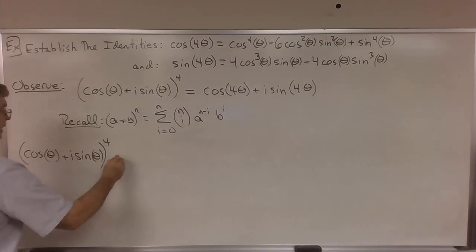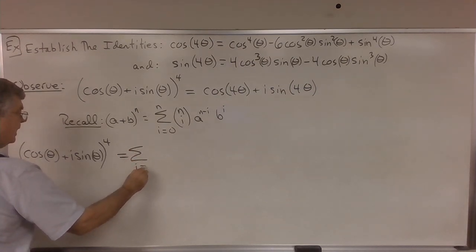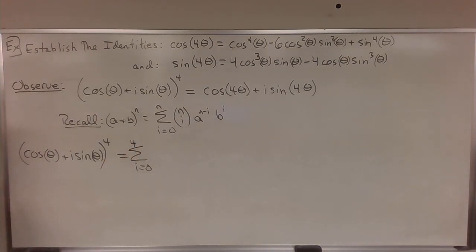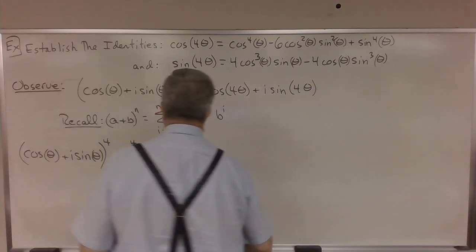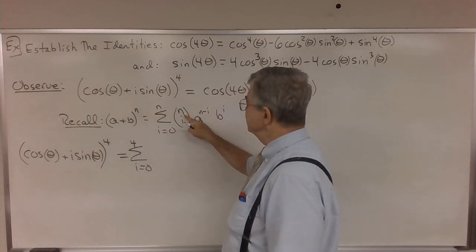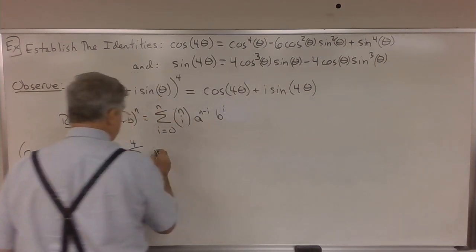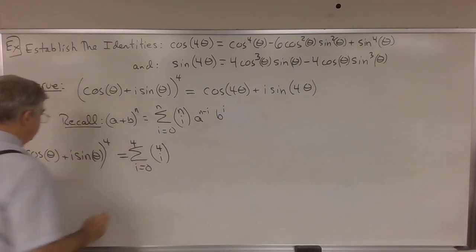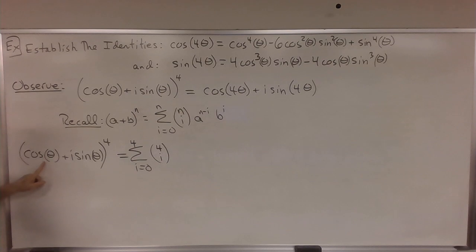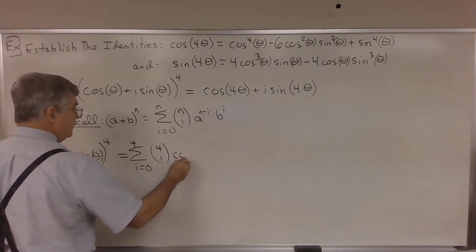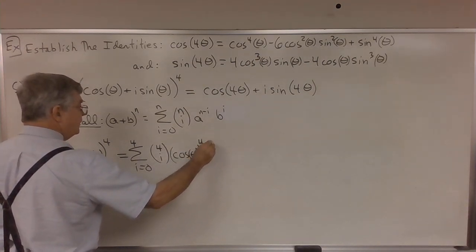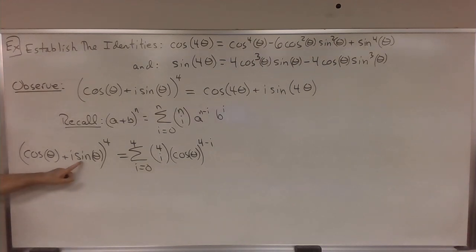We're going to get the sum from i equals 0 to n, where n is 4. And then we're going to get this binomial coefficient, n choose i, where n again is 4. And we get the first term to the n minus i, so cosine theta to the 4 minus i. And then we get the second term, i sine of theta.